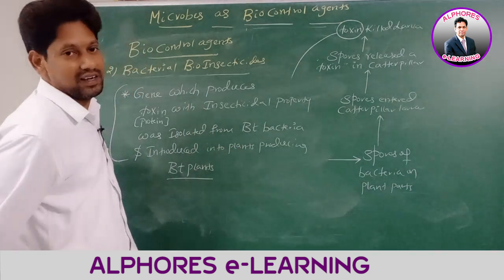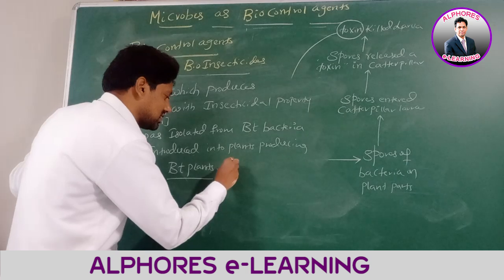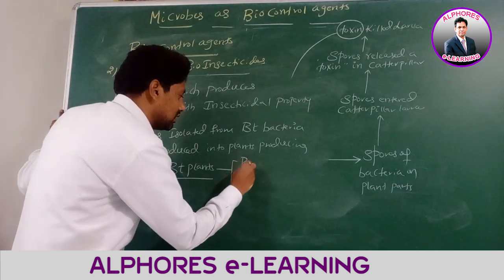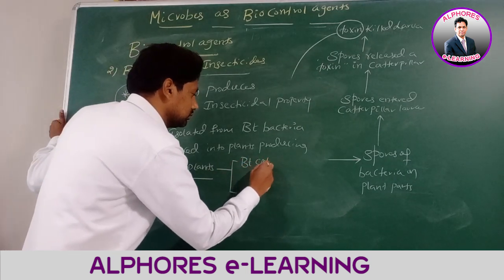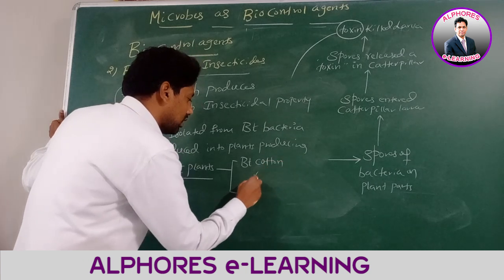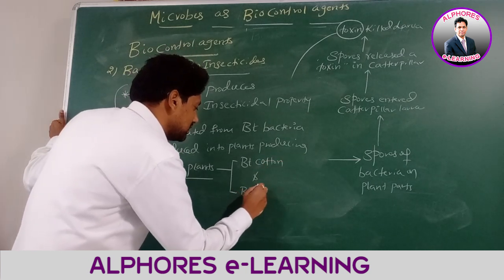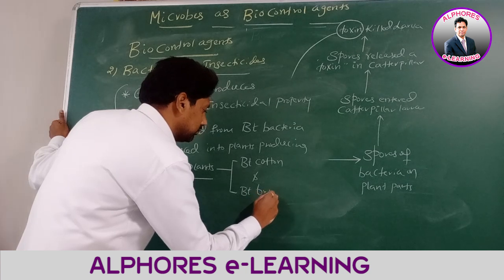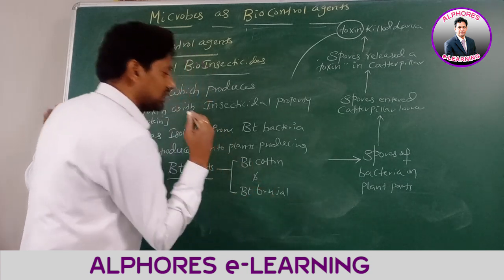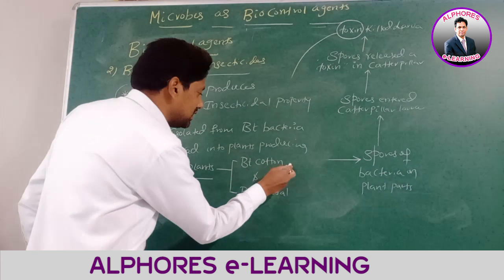Bt plants. Best examples: number one, Bt cotton, and second one is Bt brinjal. What and what? Bt cotton and Bt brinjal.